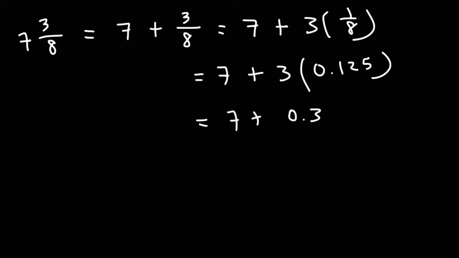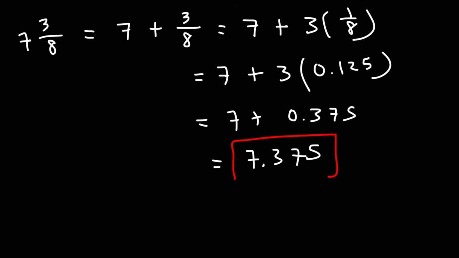And 25 times 3 is 75, so this is going to be 0.375. So this is the value of 7 and 3/8. It's 7.375. So that's a quick and simple way to convert common fractions into decimals.